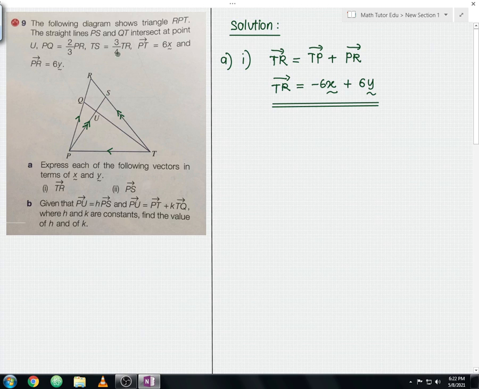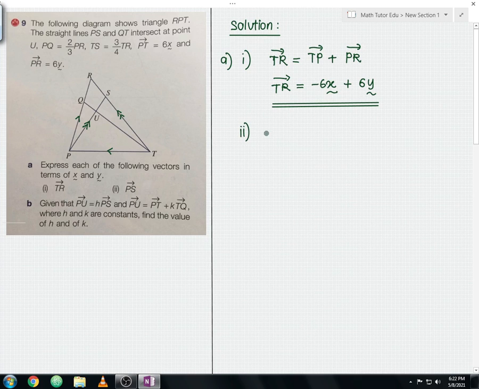However, there is a relation already given in the question, where TS equals 3 over 4 TR. In question A, part 1, we have already found TR. So the first step will be finding the vector TS using this relation. And once we have found the vector TS, we should be able to find the vector PS. So let us start to solve the question.